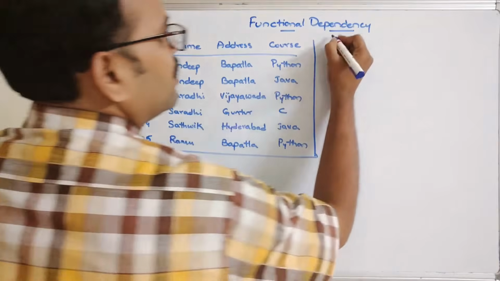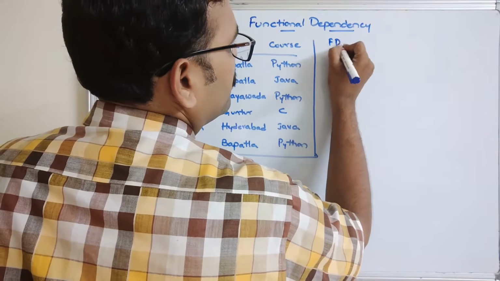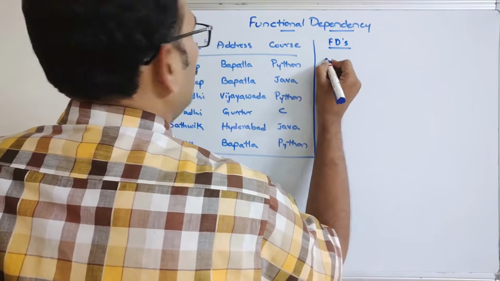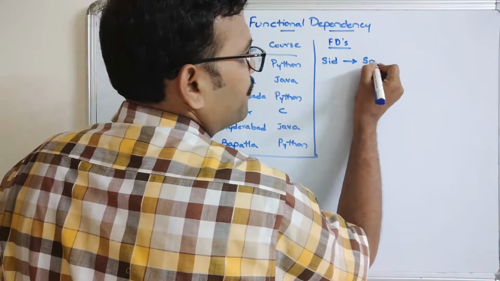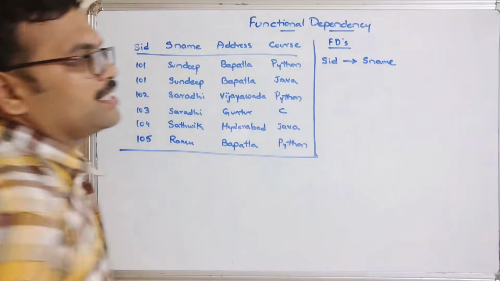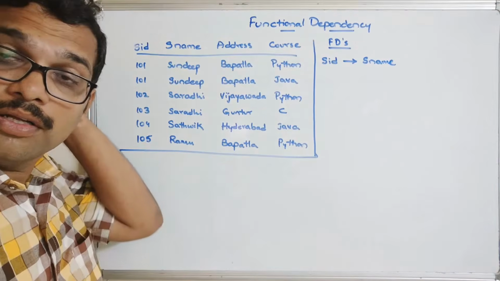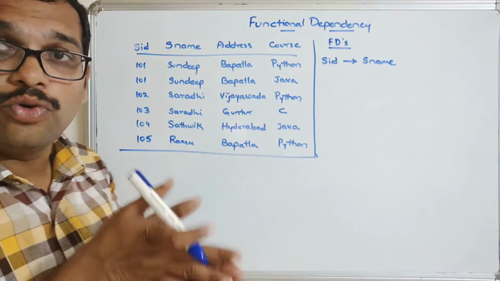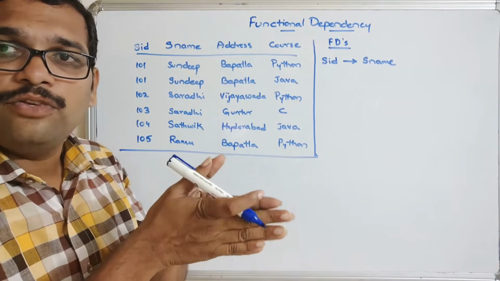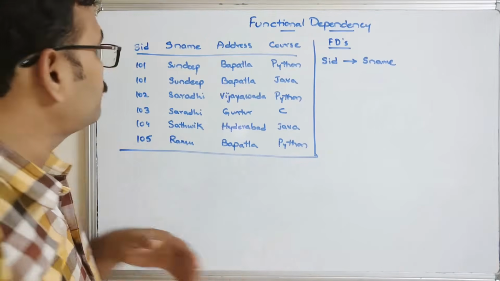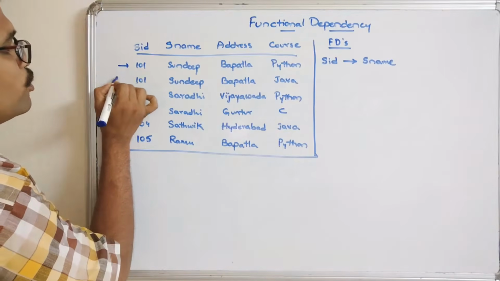So let us check here the functional dependencies. First one, SID determines SNAME. Let us check whether it is functionally dependent or not. How do we check? We have to consider two tuples such that the two tuples' X values are equal, and check the corresponding Y values. For example, consider these two tuples.